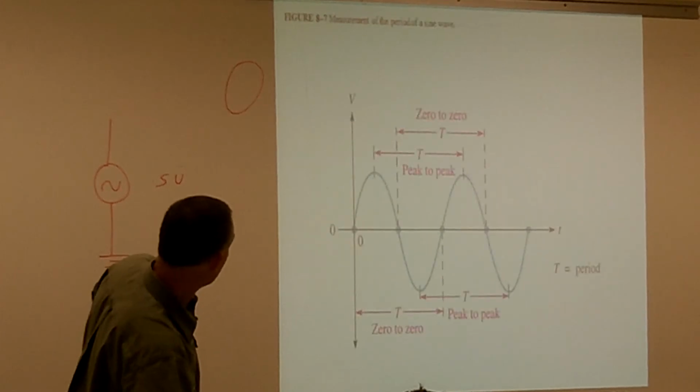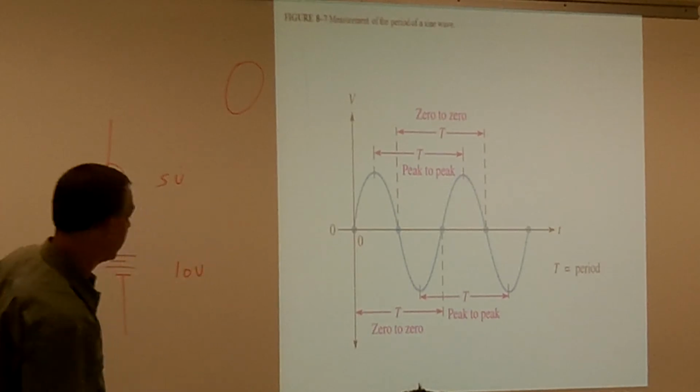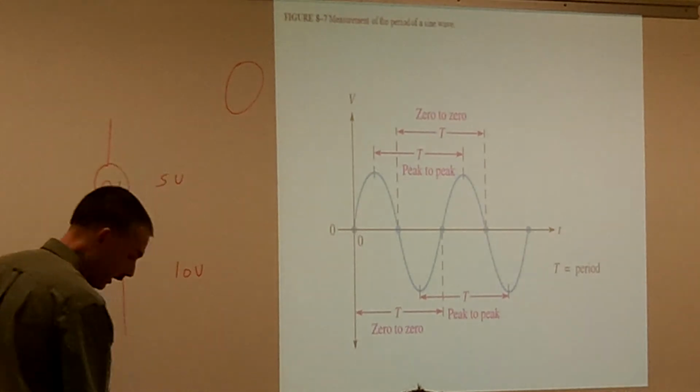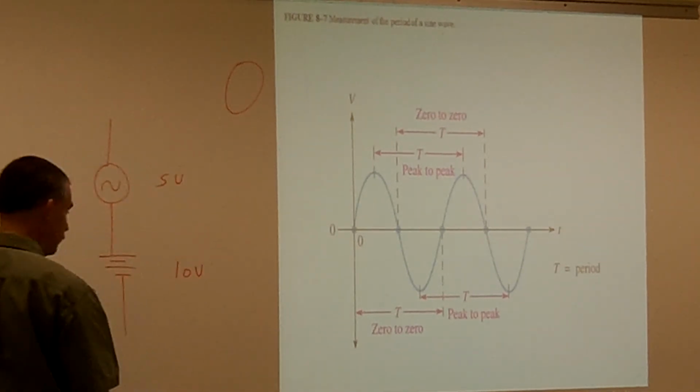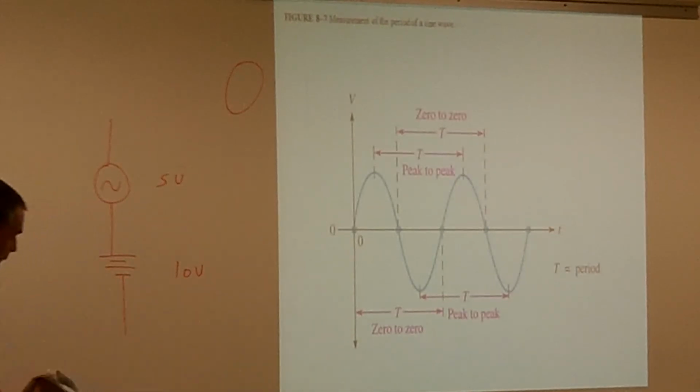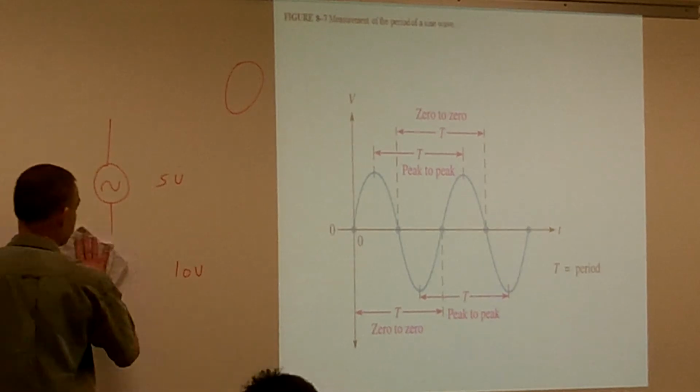All right, so once we know what our period is, for example, our most common use of AC signals comes from our wall outlet. That's going to be 120 volts AC.